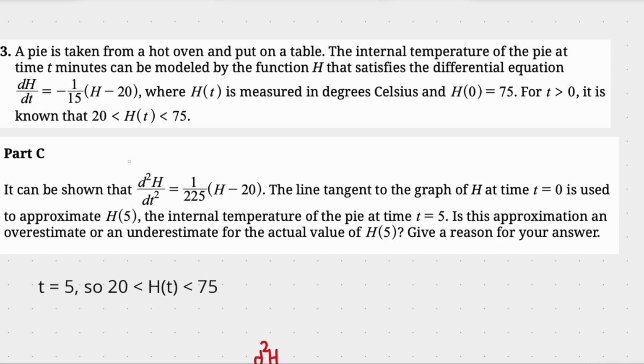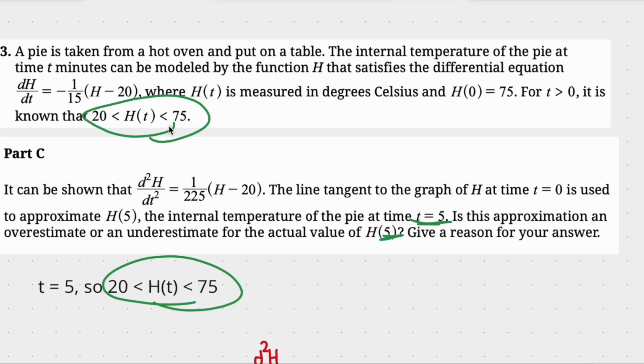But we have to figure out if it's an underestimate or overestimate. The way it works is if the second derivative is positive, then you have an underestimate. If the second derivative is negative, then you have an overestimate. Okay, so t equals 5. That means that h will be in between 20 and 75.